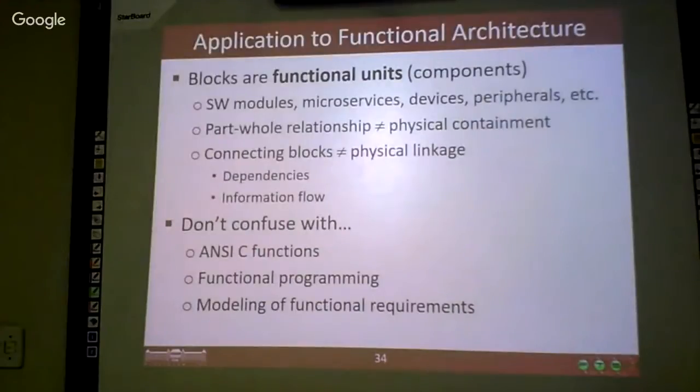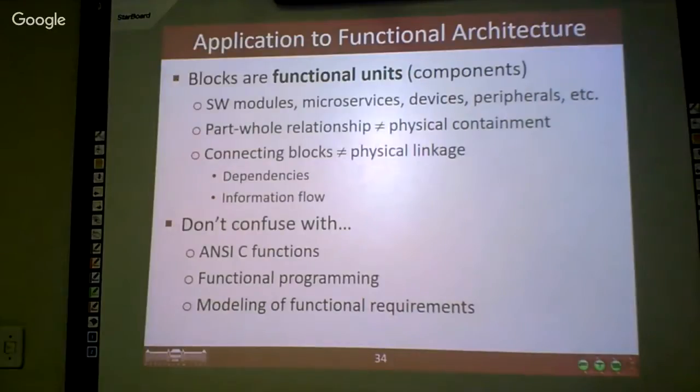So if you want to define the functional architecture, then blocks can represent functional units, components such as software modules, microservices, devices, and so on.